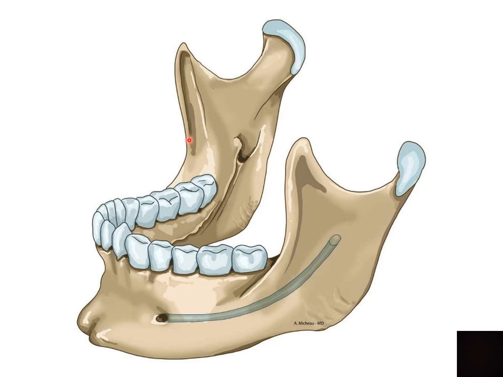So remember this coronoid notch, which is the deepest concavity on the anterior border of the mandibular ramus, and it is roughly at the same level, at the same height as the mandibular foramen. So keep in mind the coronoid notch.